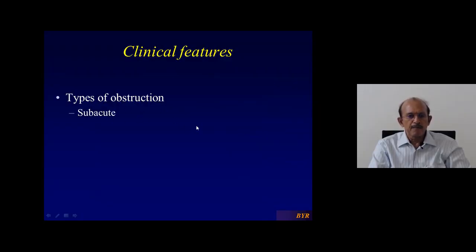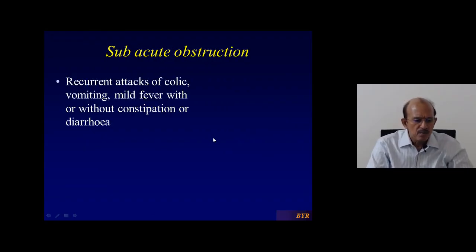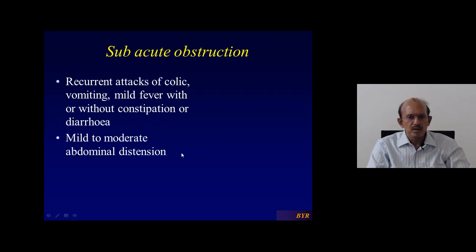Types of obstruction: it can be usually subacute, sometimes it is acute. In subacute obstruction, yes, the worms will pass in feces also. There are recurrent attacks of colic, vomiting, mild fever, with or without constipation or diarrhea, and mild to moderate abdominal distension.